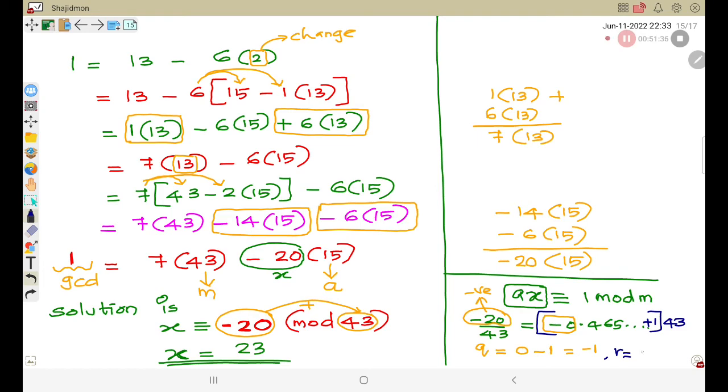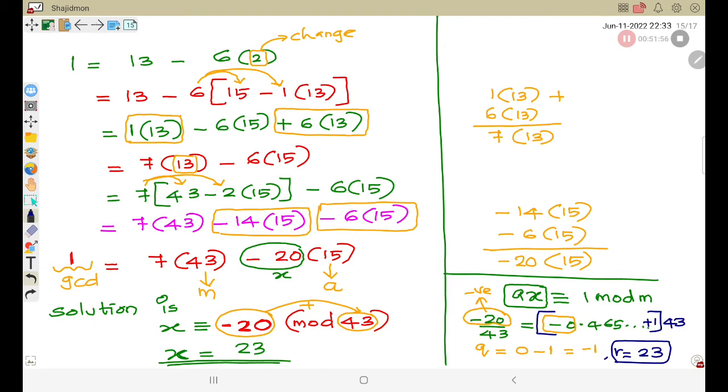So you will get the number 23, same number. So either you can use this way, or as I told you, the shortcut way, minus 20 plus 43, you will also get 23. So this is the solution here. I hope you understood this one.